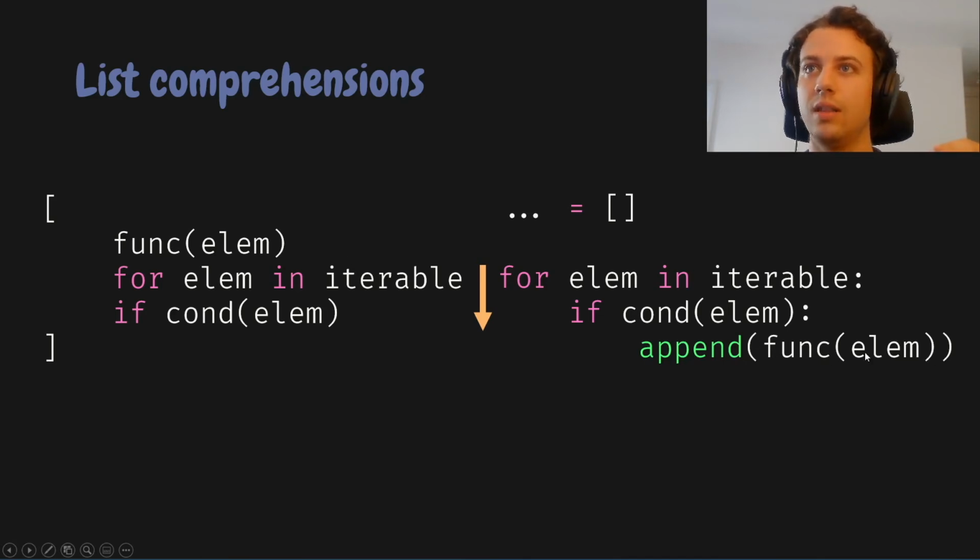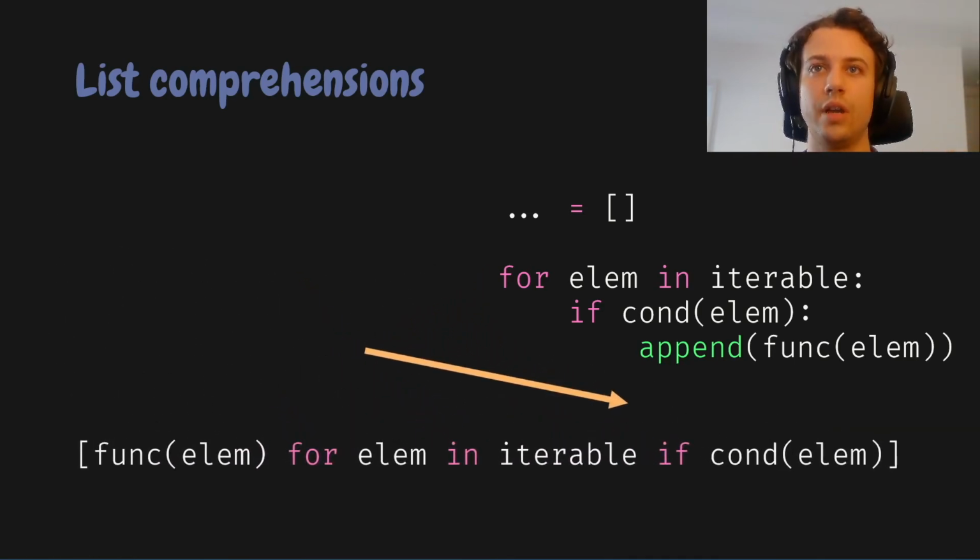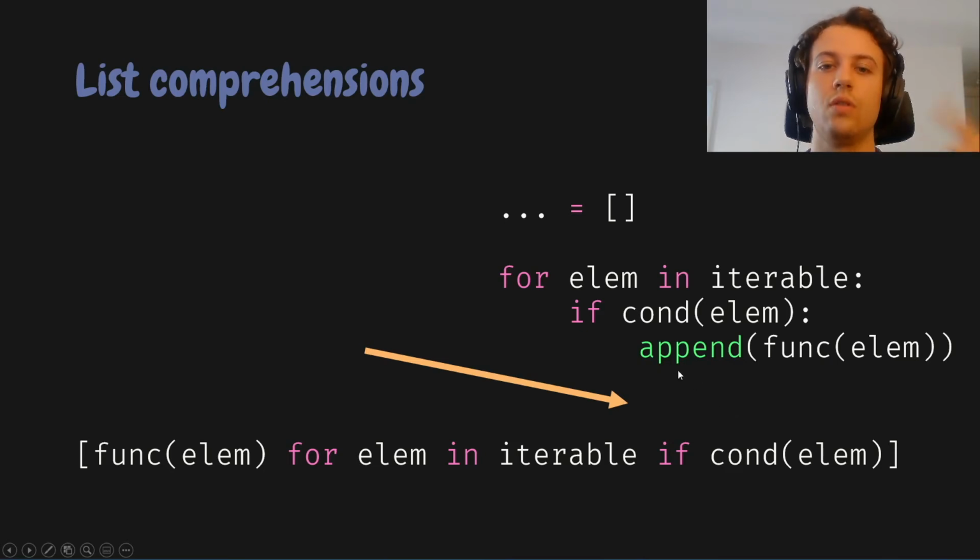So what's inside the append goes first, everything else is the same. If you have a for loop and an if and so on, if you read it top to bottom, you would write it in a list comprehension from left to right. Notice that the for goes first, and then the if, and if you have more stuff it will go after.